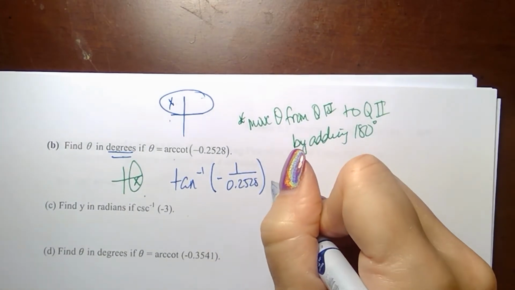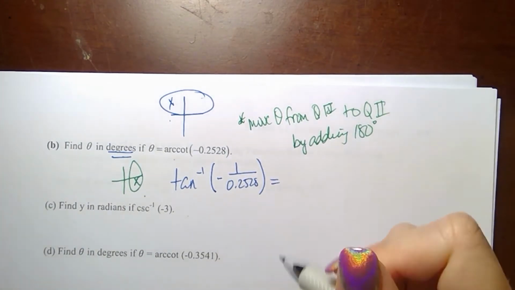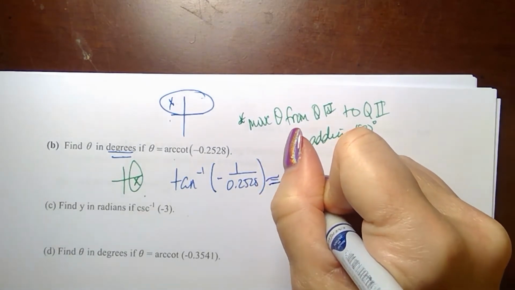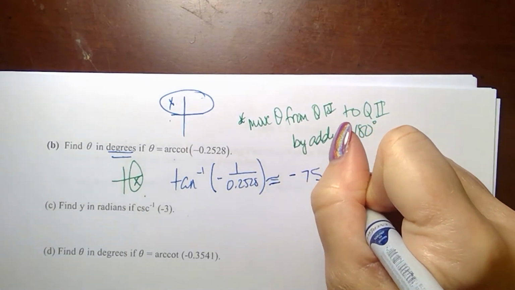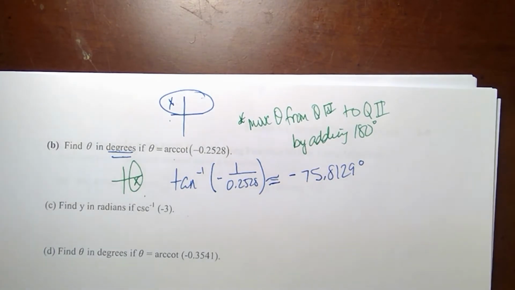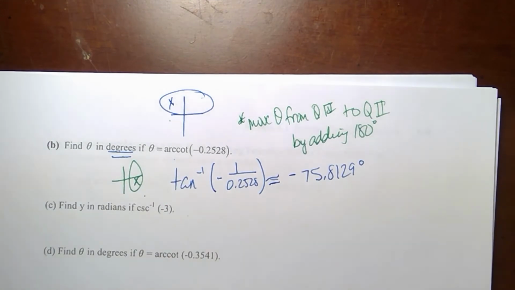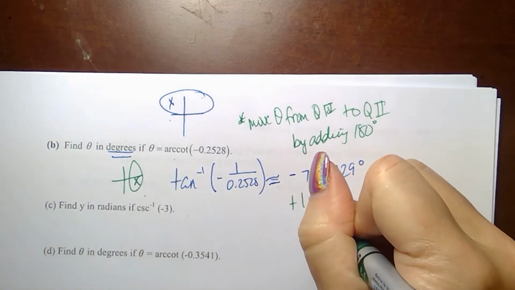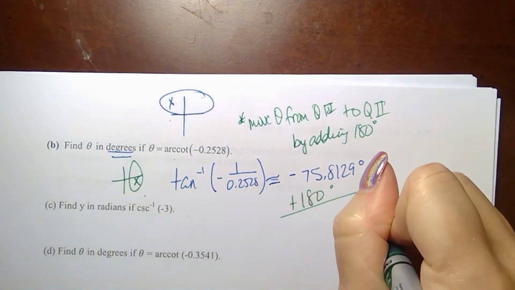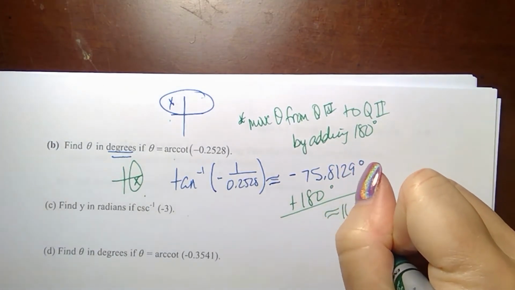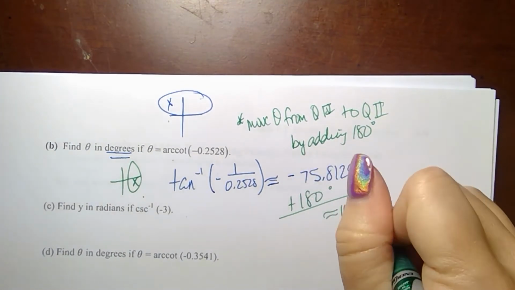Okay, when I plug this into my calculator, I get about a negative 75.8129 degrees. That is in quadrant 4. I need an arc cotangent value. That's going to have to be in quadrant 2. To get it there, I add 180 degrees.